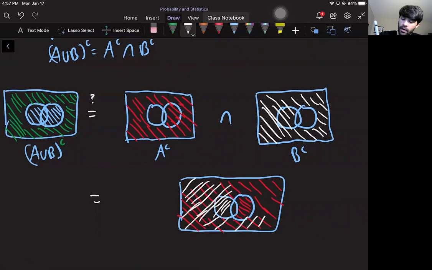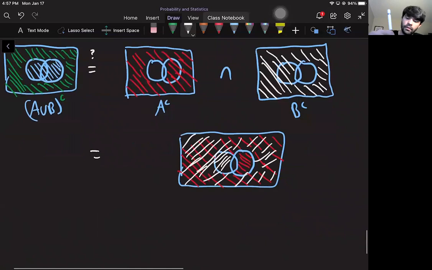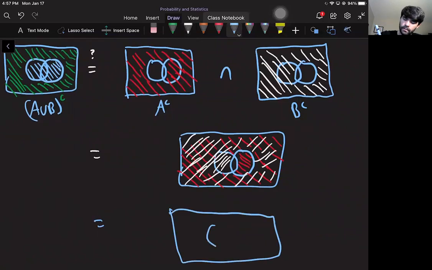And then if I say, what part is both red and white? Well, it's just the same as the green area that I drew before. So it's just this stuff out there.